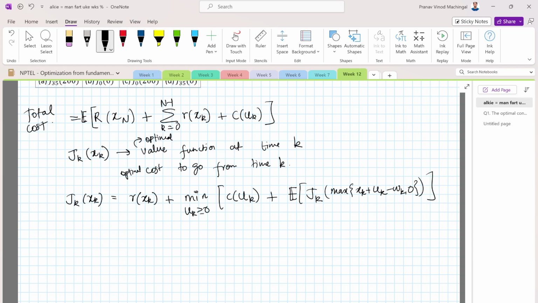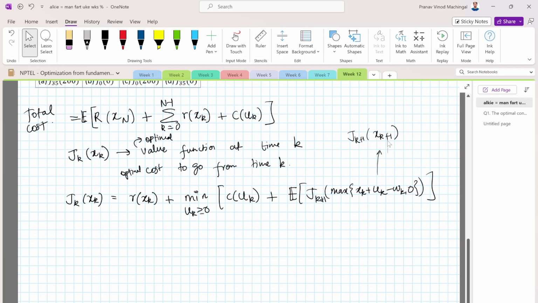Okay, so we say this is Jk+1. Basically this is Jk+1 of xk+1. So xk+1 is the max of this value.